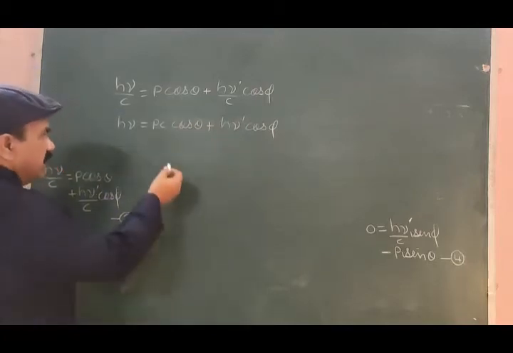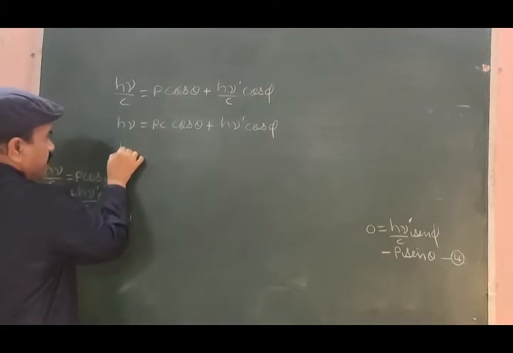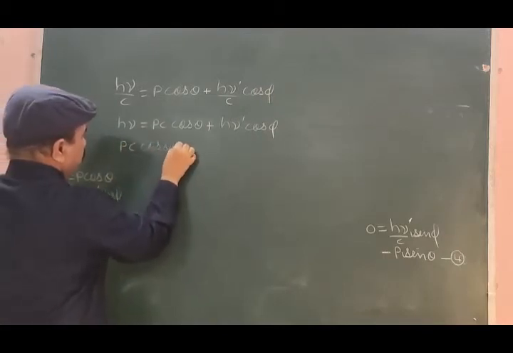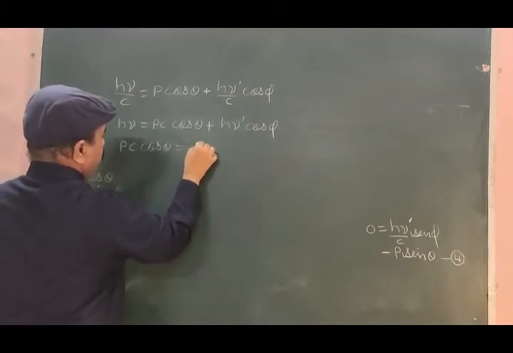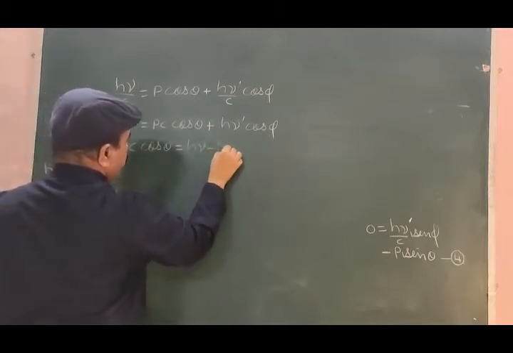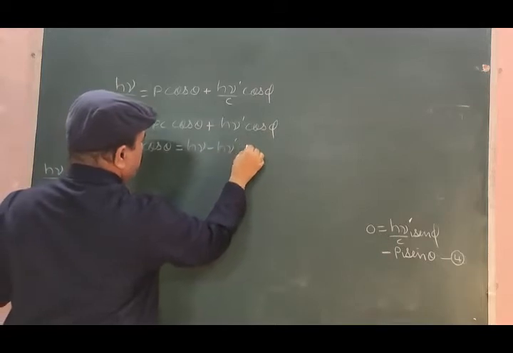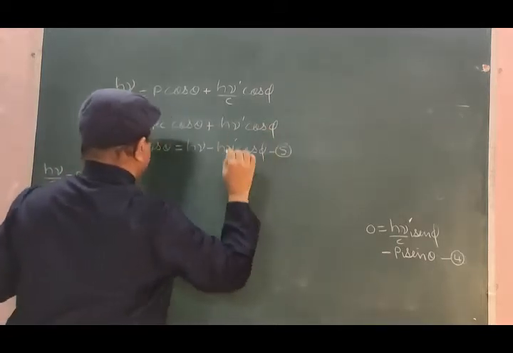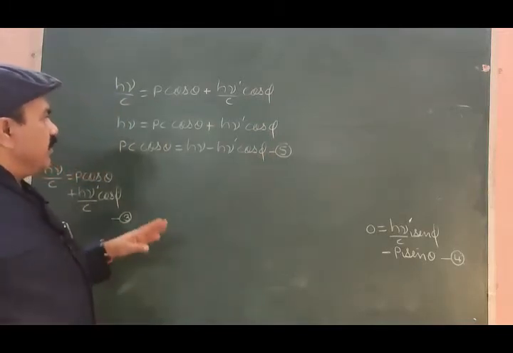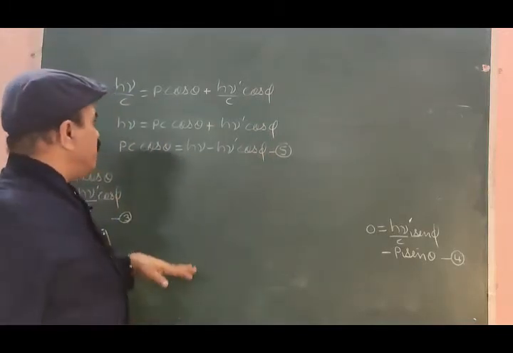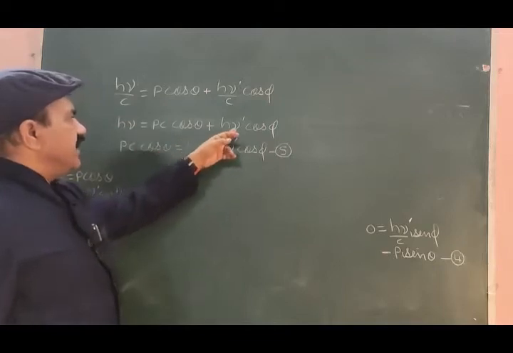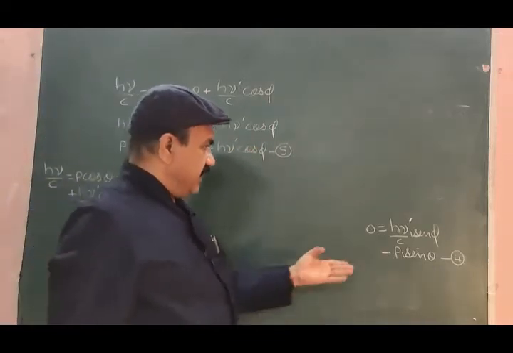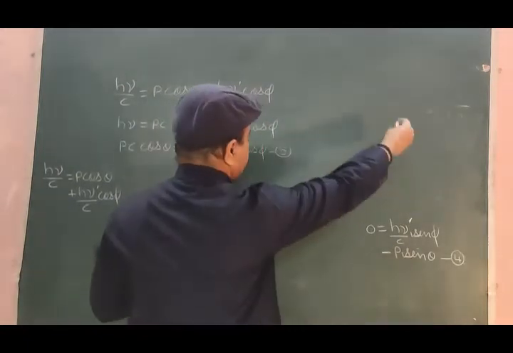Further, let us rewrite this equation as Pc cos theta is equal to h nu minus h nu dash cos phi, equation number 5.